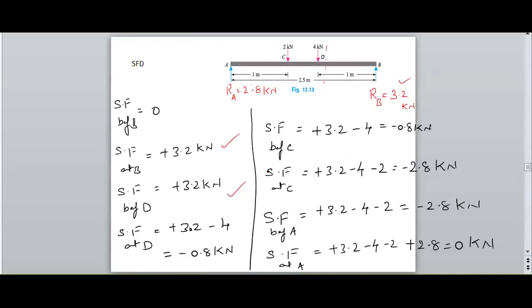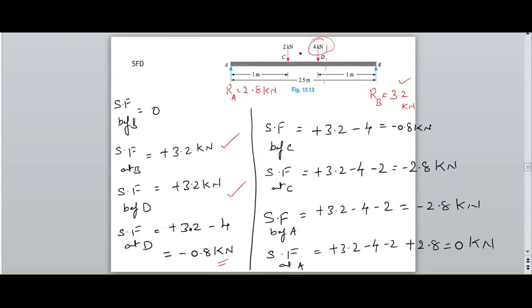Therefore, plus 3.2 kilonewton. Next, at D, we have a point load of 4 kilonewton moving in the downward direction. Therefore, a positive 3.2 and a negative 4 gives a net value of 0.8 kilonewton, a negative value.